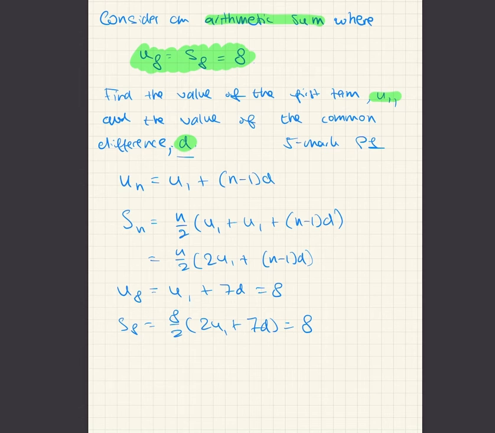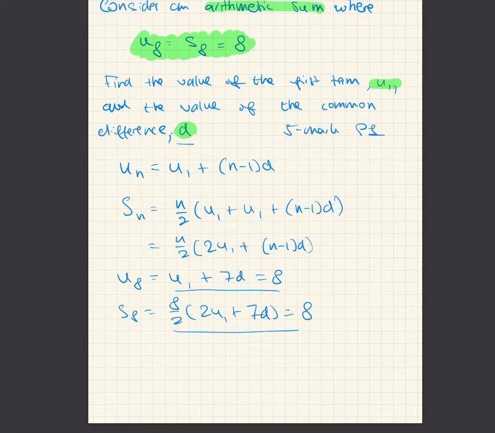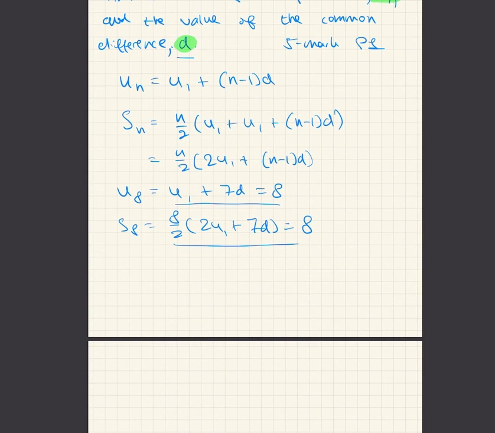So you'll notice we have two equations here and two unknowns, u1 and d. A rule of thumb is that if you have two unknowns, you need two equations. So we've got what's necessary to be able to solve this.